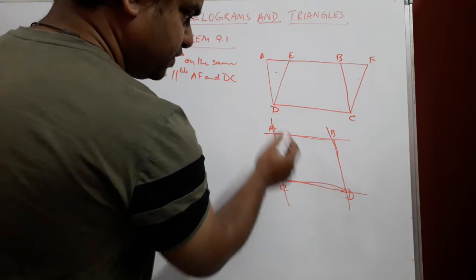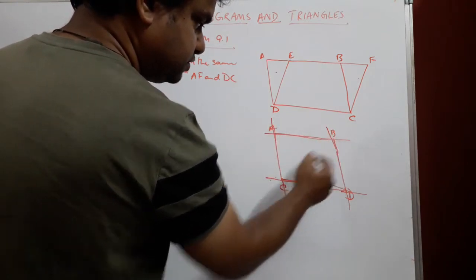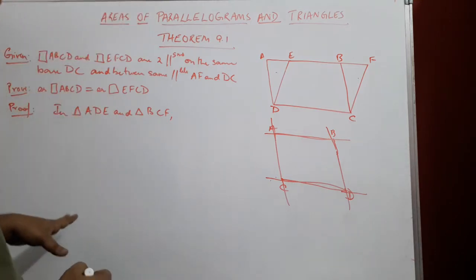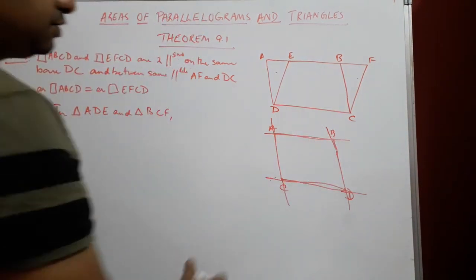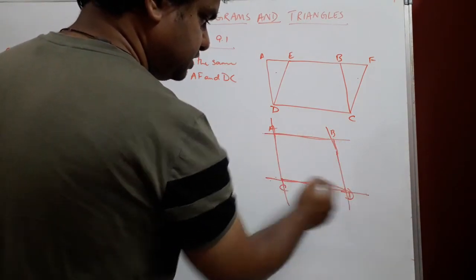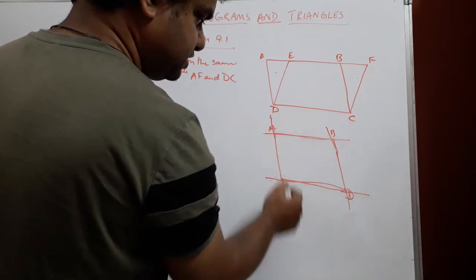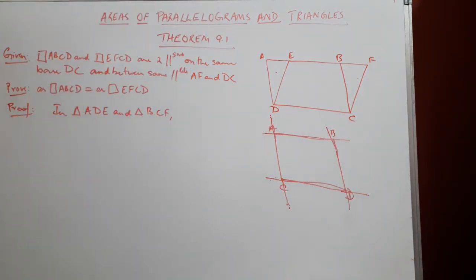For these two lines, these two will become the transversals. Or in the converse case also, if we just consider AB and CD this way, then AC and BD become the transversals. So from there we can see what angles are equal to each other.